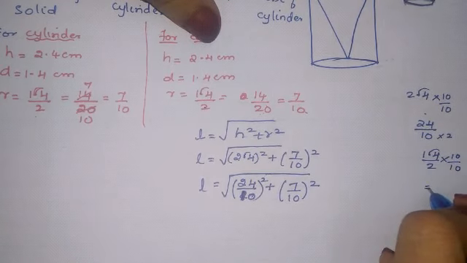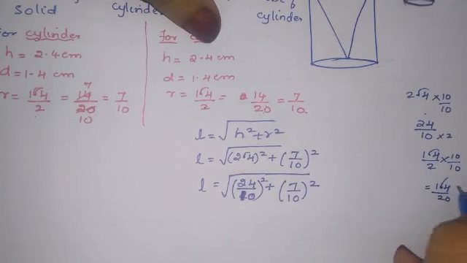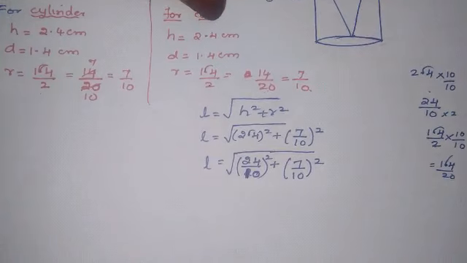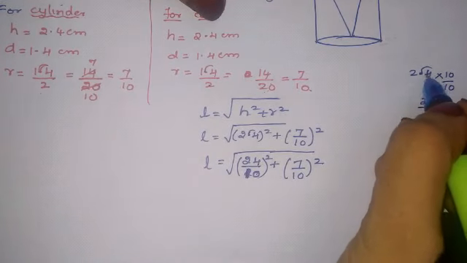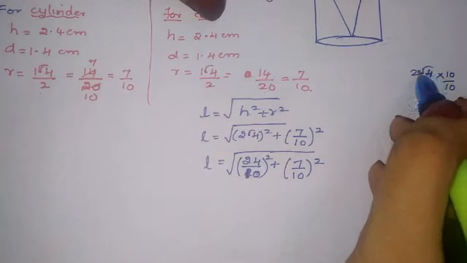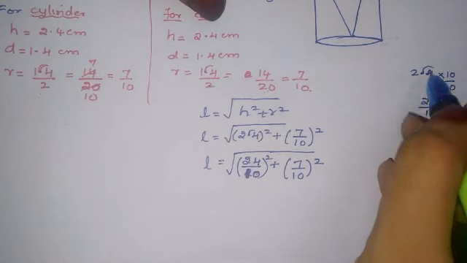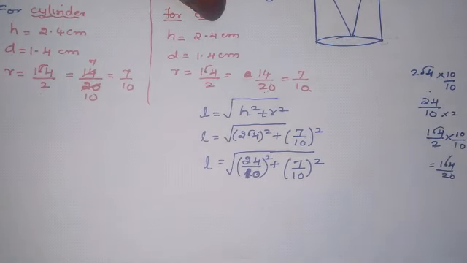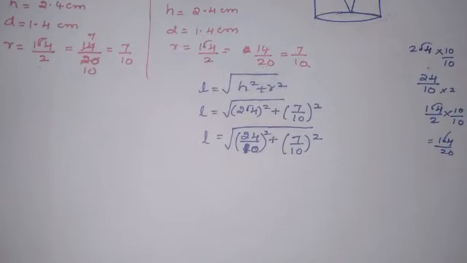Point gone, 14, and 2 tens are 20. After decimal 1 digit means 10, 2 digits means 100, 3 digits means 1000. Like that you have to multiply.